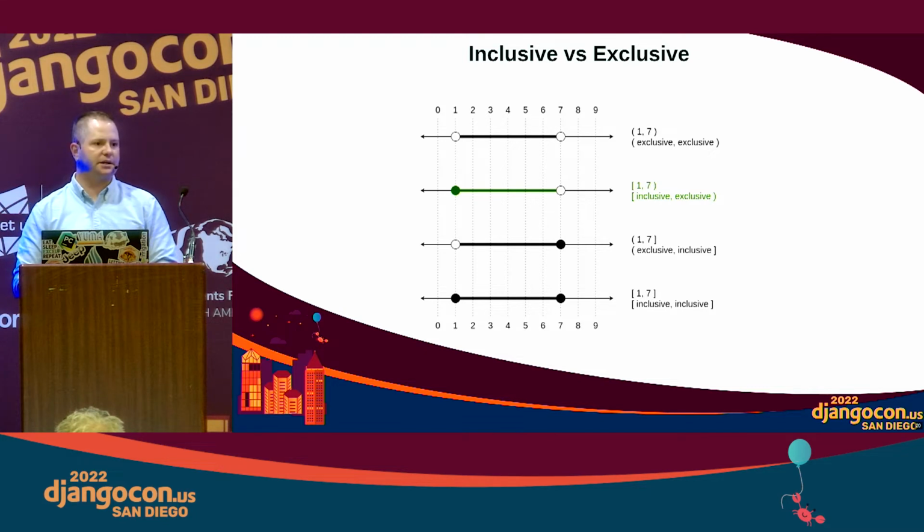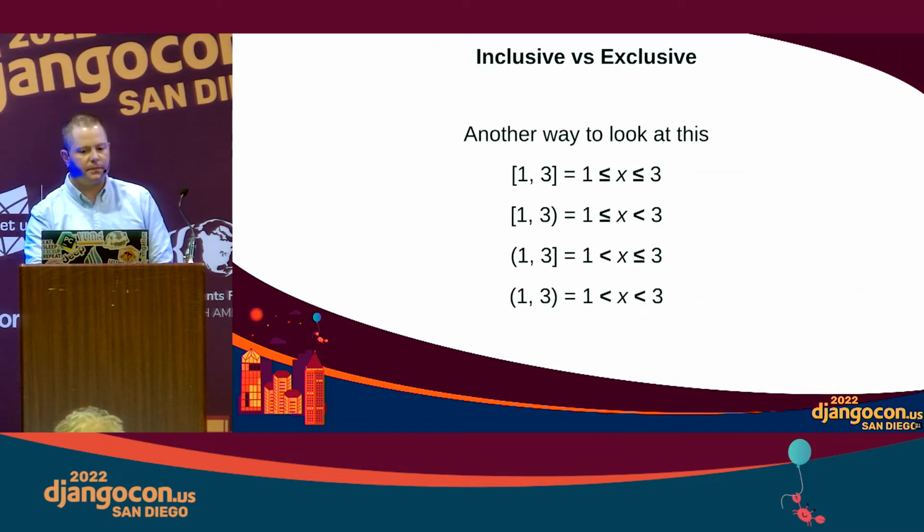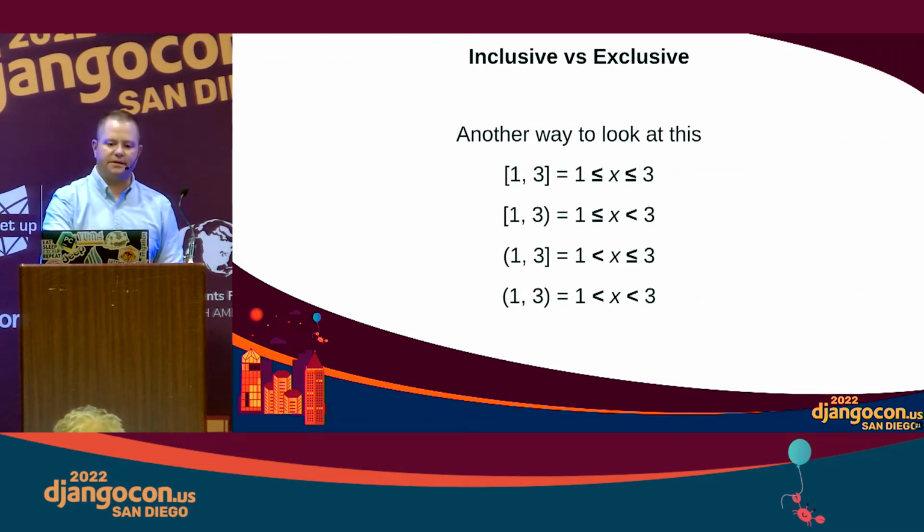And that is the default that Postgres uses. Another way to look at it is just like this. Again, the second one down being that, in this case, 1 is less than or equal to x, and 3 is greater than x. So we are not including 3, it is excluded.